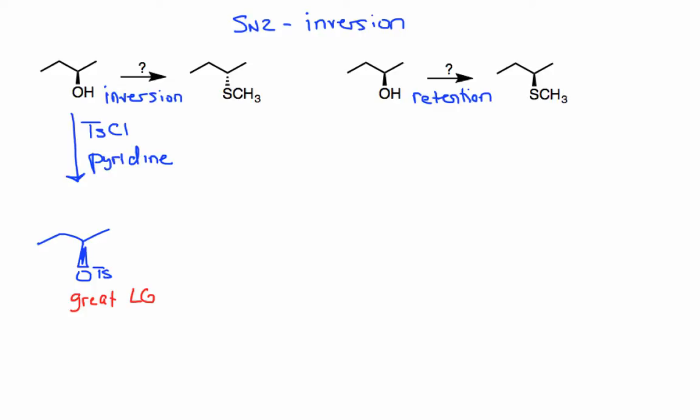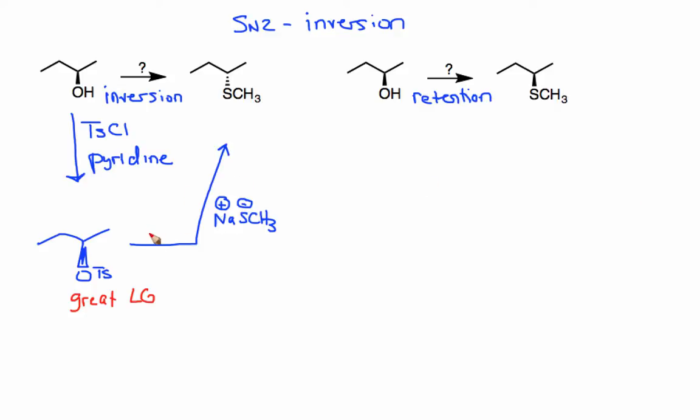So from here, now we can treat this with a nucleophile to do our SN2 reaction. What we can do is maybe treat this with NaSCH3. So this salt has the sodium cation, SCH3 anion, which is a good nucleophile.